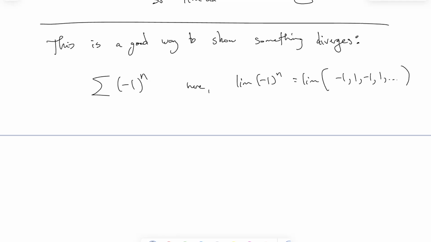And that limit does not exist. So anyway, the limit of minus 1 to the n is definitely not 0. So that means that the series of minus 1 to the n diverges. All right?